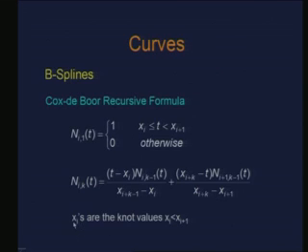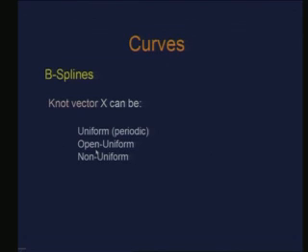And the x_i, as I mentioned, are the knot values, and there is a property to these knot values that they are monotonically increasing, right. And in particular we observed that there could be a number of ways in which we can define or give the x values or the knot vector x.